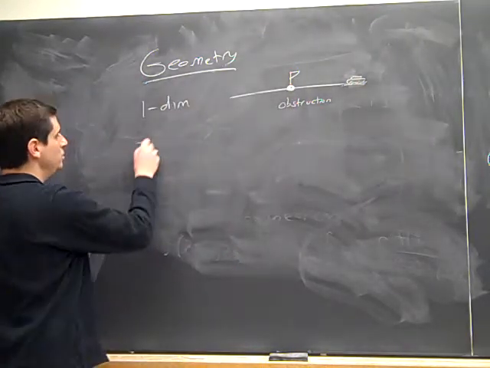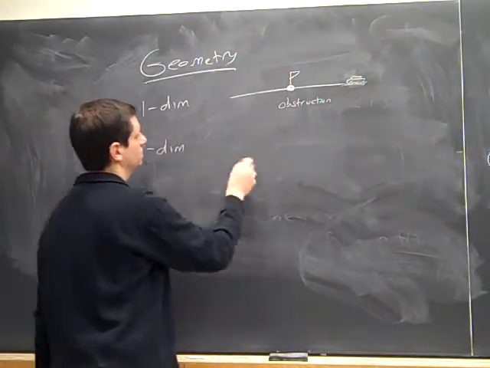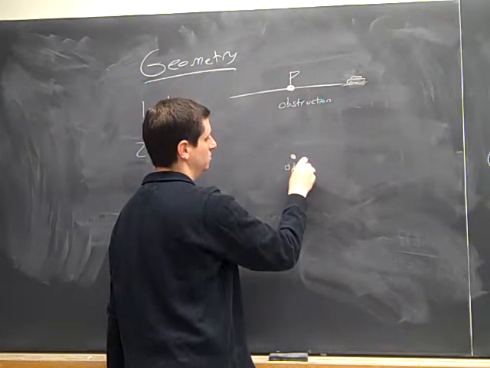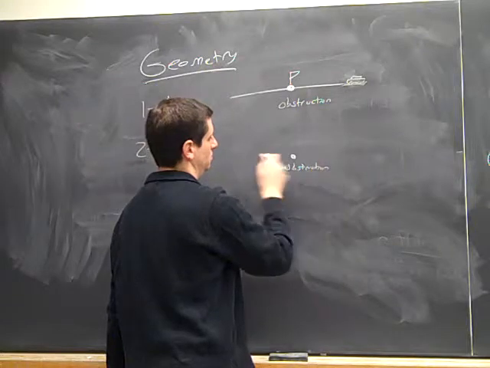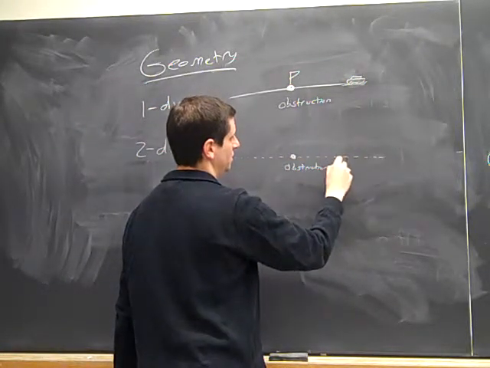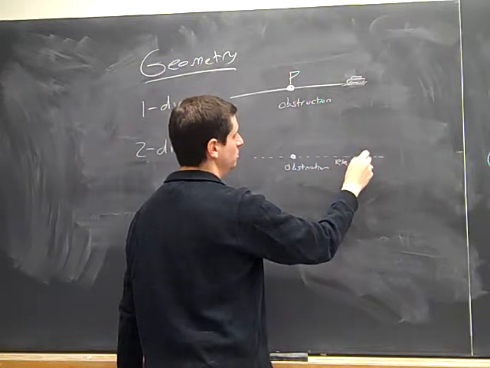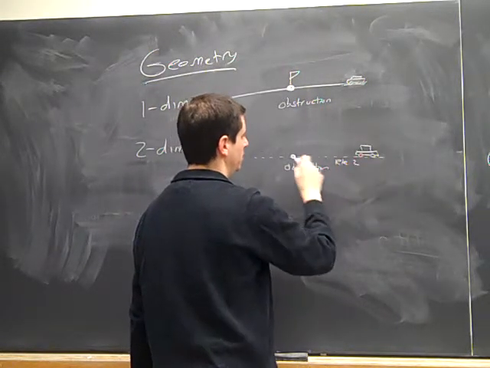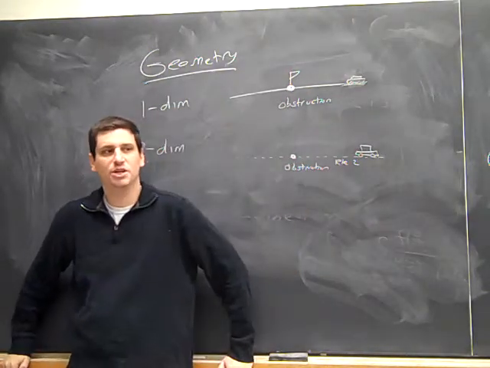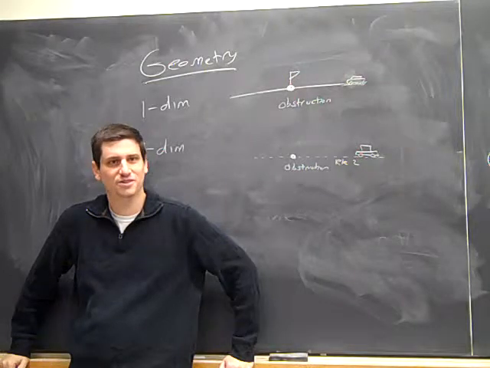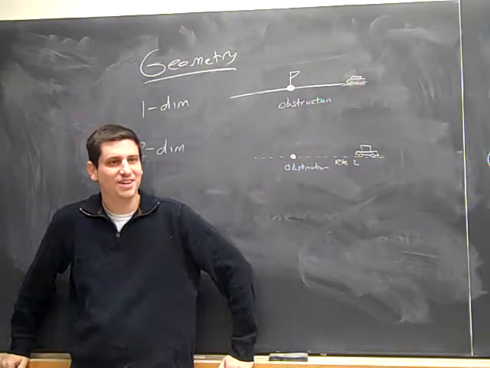All right, let's go to 2 dimensions. And so now, here's my obstruction. Here's route 2. Here's my car. And so there's a pedestrian blocking my path in route 2. In fact, there's a whole chain of pedestrians. Or they're having a sit-in or something.